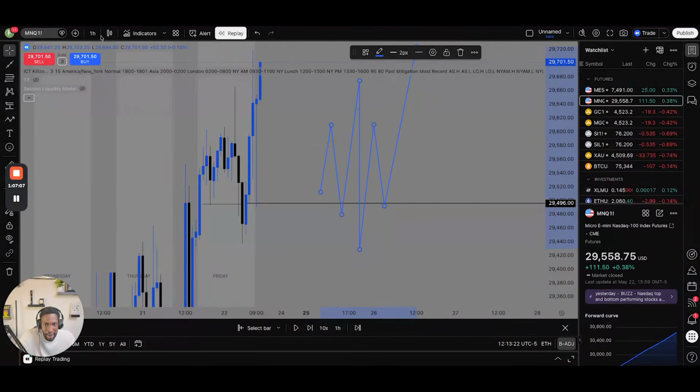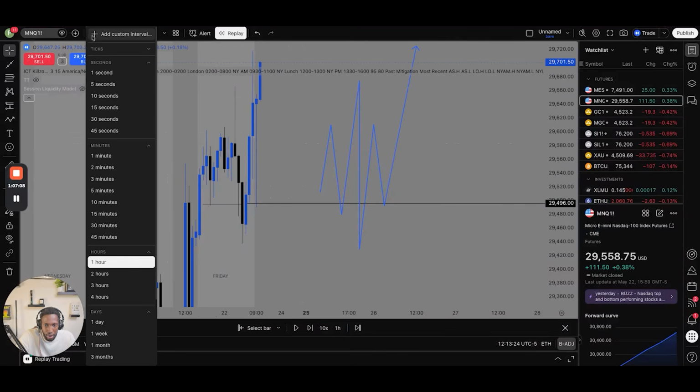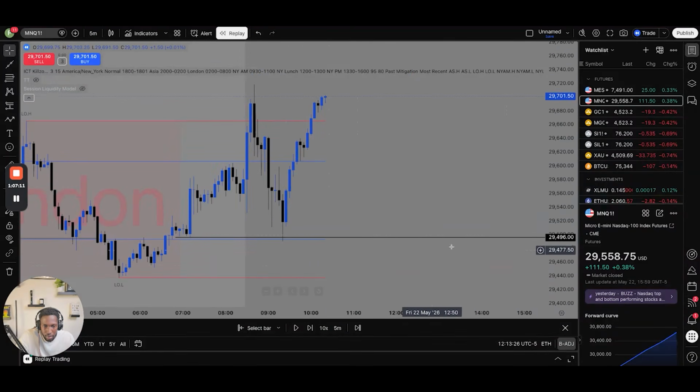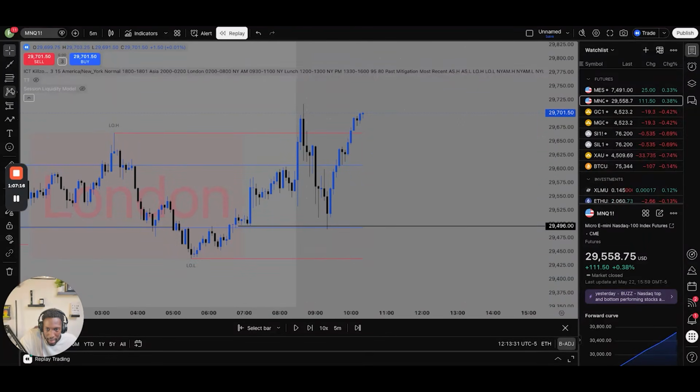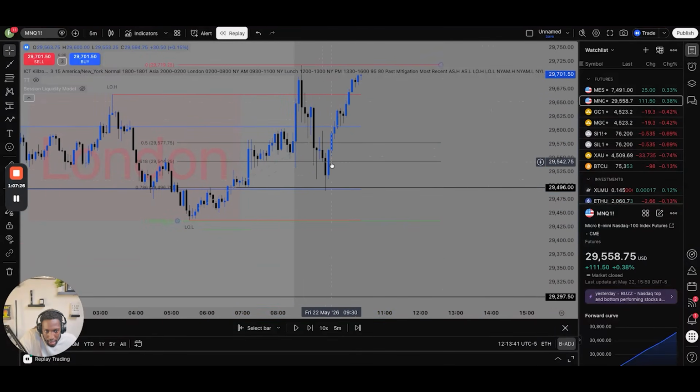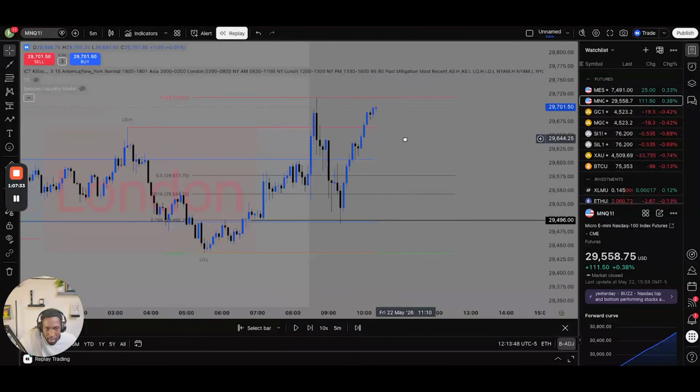We're seeing it on the 1 hour. If we're seeing it on the 1 hour, ladies and gentlemen, I can almost bet you OTE, ladies and gentlemen, this low determines everything, the range.